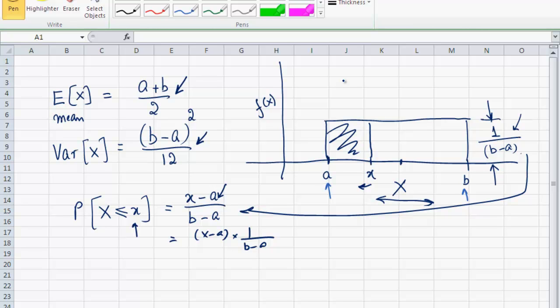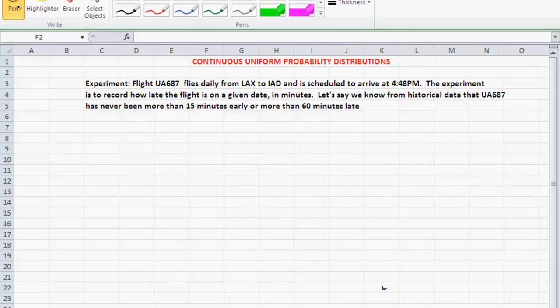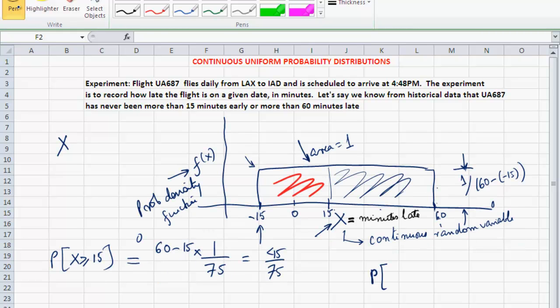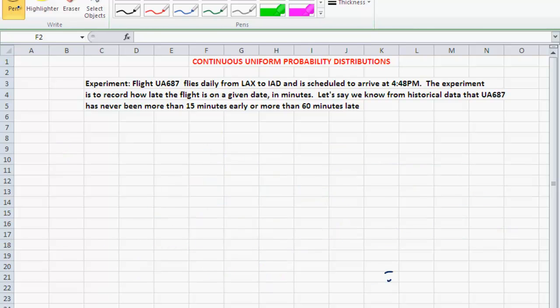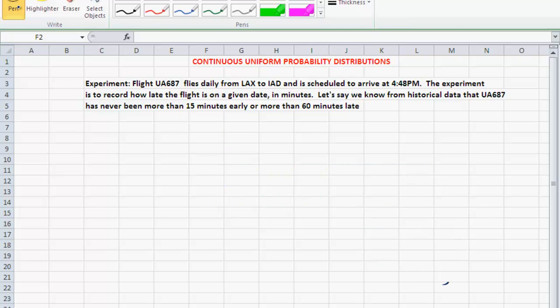So just for practice, going back to the United Airlines problem, suppose I want to find the probability that the flight will be between 5 and 15 minutes late. So I want the probability that 5 is less than or equal to x is less than or equal to 15.